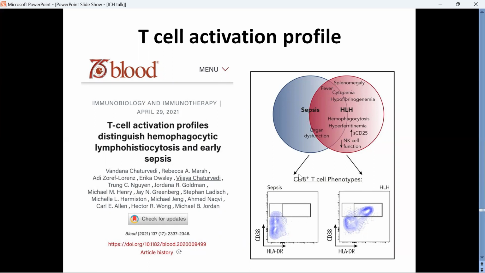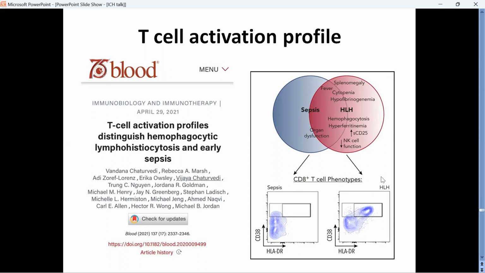Basically, you select the CD8 positive cytotoxic T cells and look for expression of CD38 and HLA-DR. In sepsis, you will not find high co-expression of CD38 and HLA-DR, whereas in HLH, you can find high co-expression of CD38 and HLA-DR in more than 7% of cytotoxic T cells. So when you find this phenotype, it is more suggestive of HLH over sepsis.